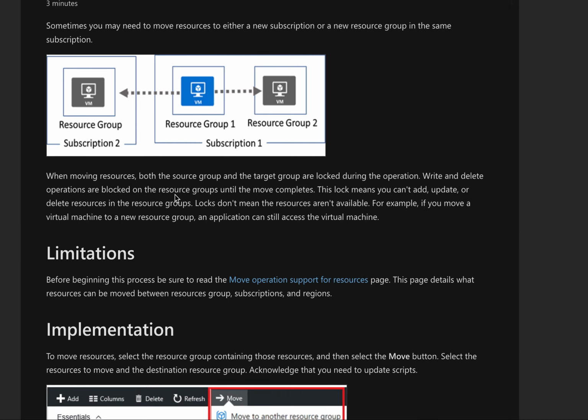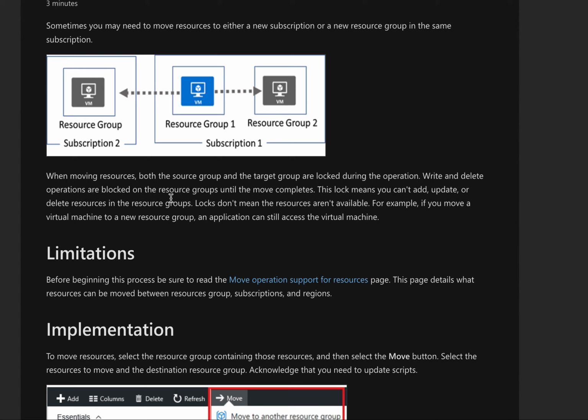So when moving resources, both the source group and the target group are locked during the operation. So let's see what it means. Write and delete operations are blocked on the resource groups until the move completes.